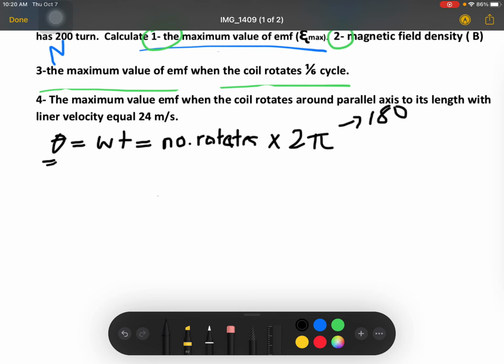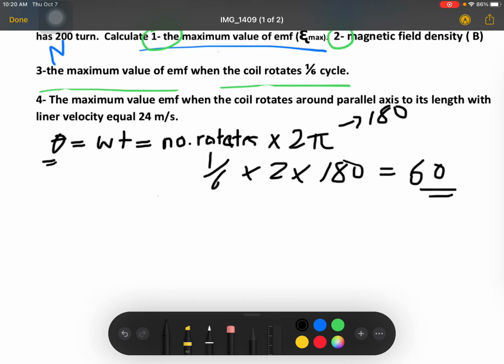So the number of rotations is 1/6, so 1/6 times 2 times 180. The answer on the calculator will be 60. So this is the theta.